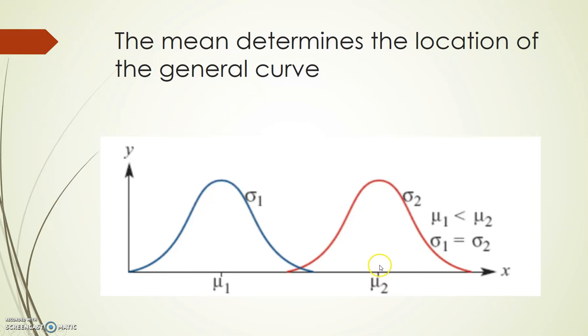The second distribution is to the right of the first distribution, and that is because the centre of the distribution, the mean, is greater in the second distribution than the mean in the first distribution. In summary, the mean determines the location of the general curve.